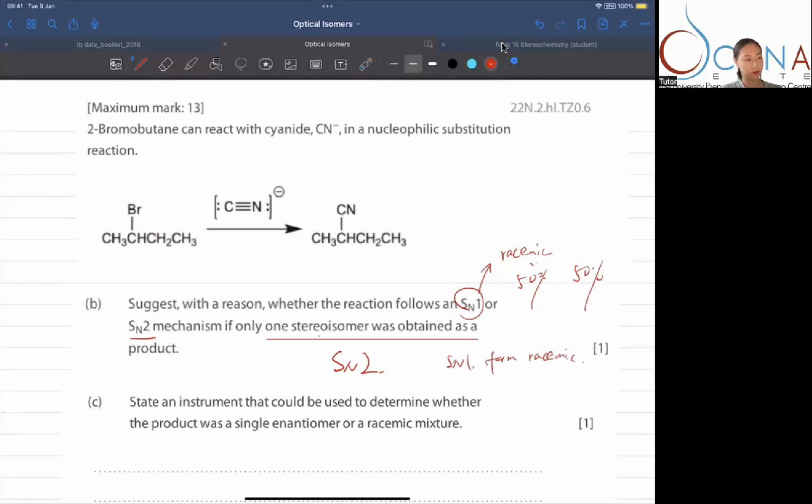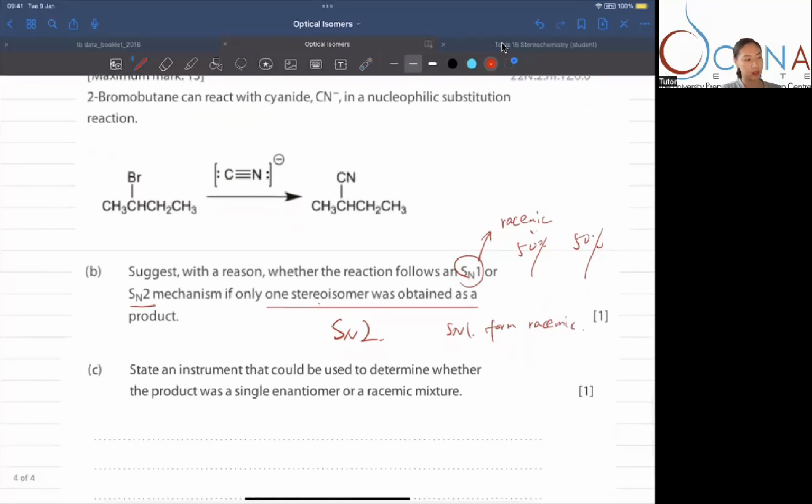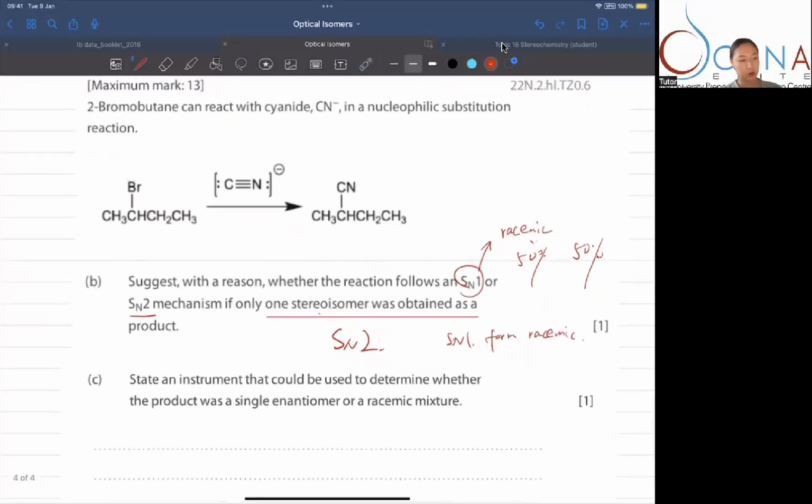Okay. And the next is: state an instrument that could be used to determine whether the product is a single enantiomer or a racemic mixture. Remember, the only way to distinguish the stereoisomers is the polarimeter.